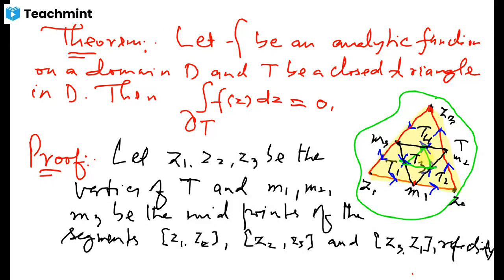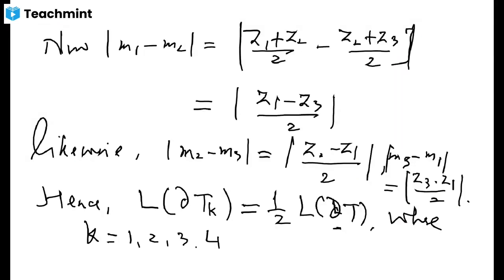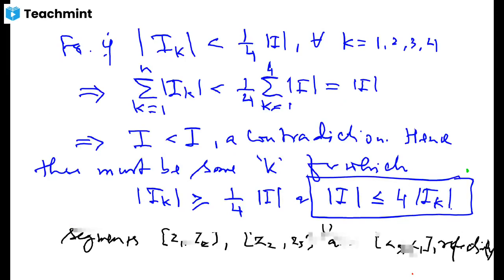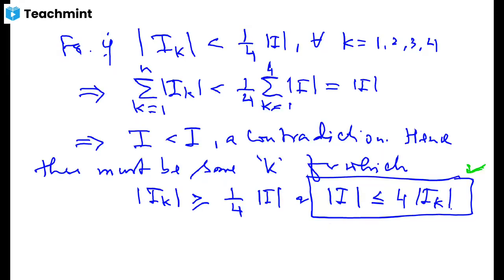And then again, you will use the hypothesis to prove that there exists at least one sub-triangle inside this big triangle T3 over which we have this inequality that we just proved. Is it okay?